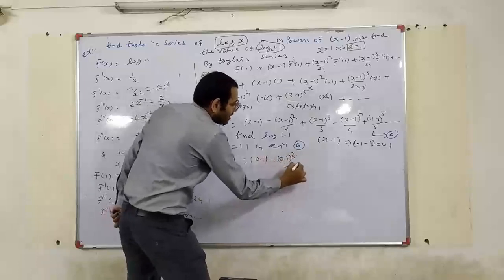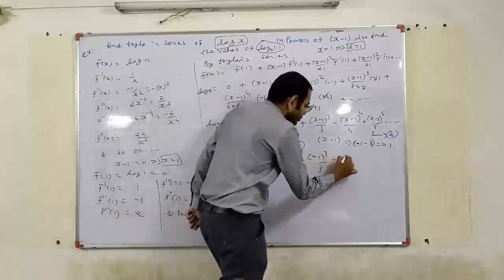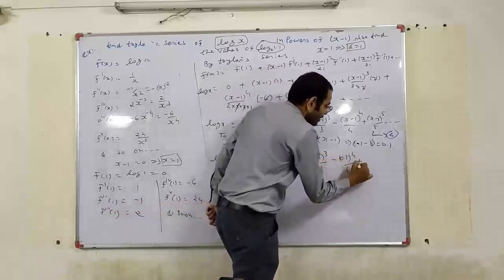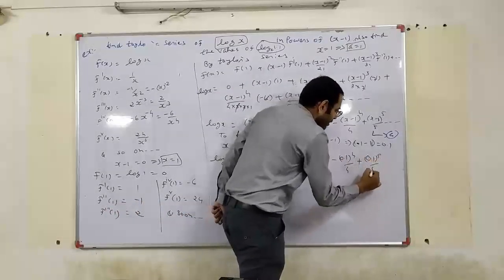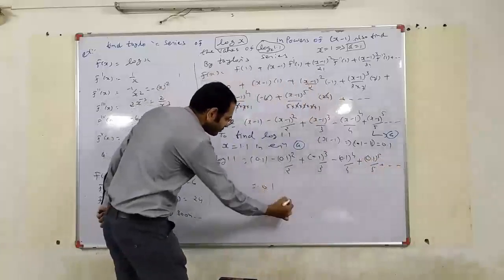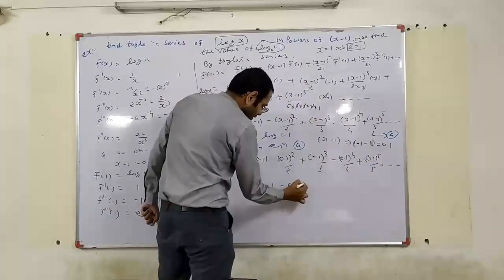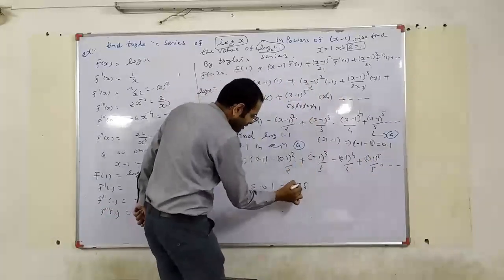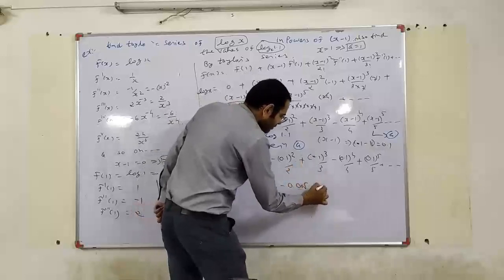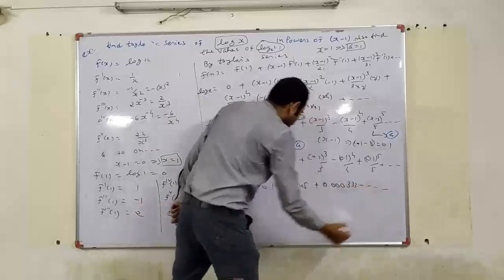So we get 0.1 minus (0.1) whole square by 2 plus (0.1) raised to 3 by 3 minus (0.1) raised to 4 by 4 plus (0.1) raised to 5 by 5, and so on. Now simplify this term: minus 0.01 divided by 2 means 0.005, plus 0.000333, and so on.